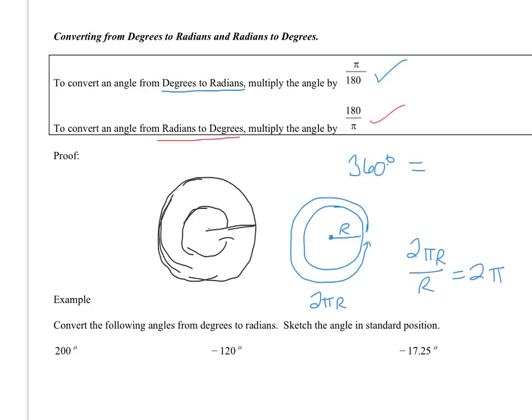So what this says is 360 degrees equals 2 pi radians. We can divide both of those by 2, and that says 180 degrees equals pi radians.